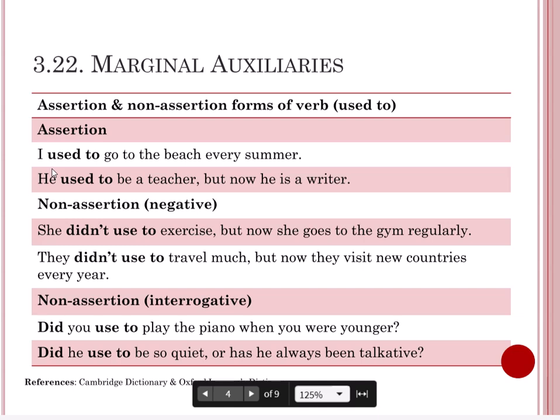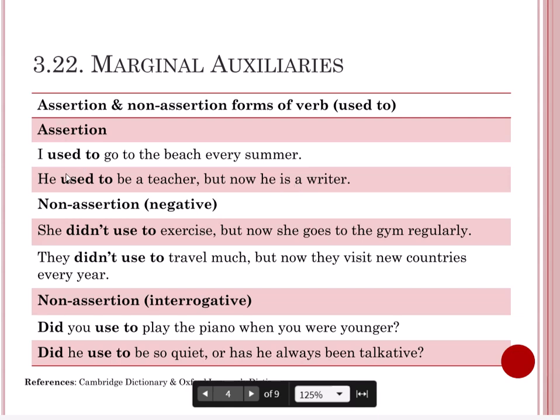It used to be my habit, whether positive or negative, and now I'm no longer doing it. So this habit is no longer being practiced. So when we say he used to be a teacher, but now he's a writer, it means that as a habit or as a career, as something that lasted for a particular duration of time, he was a teacher, but now he's no longer a teacher, he's a writer.